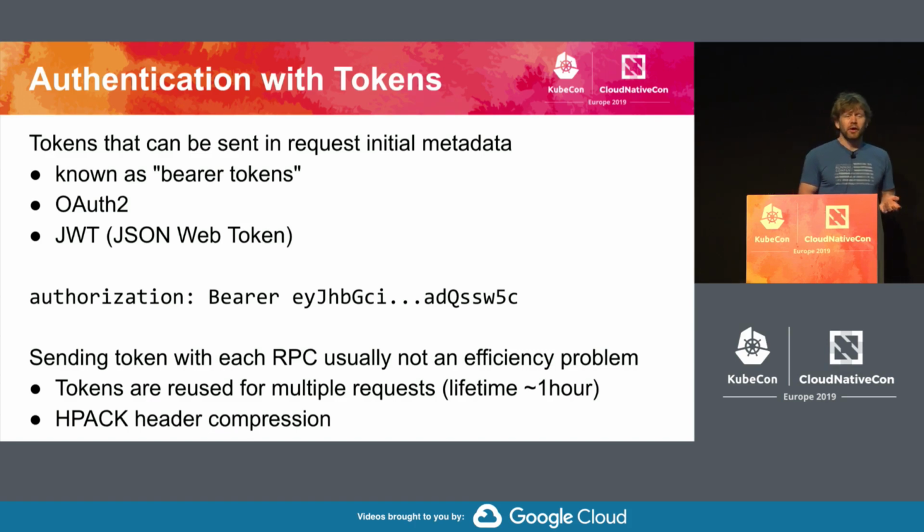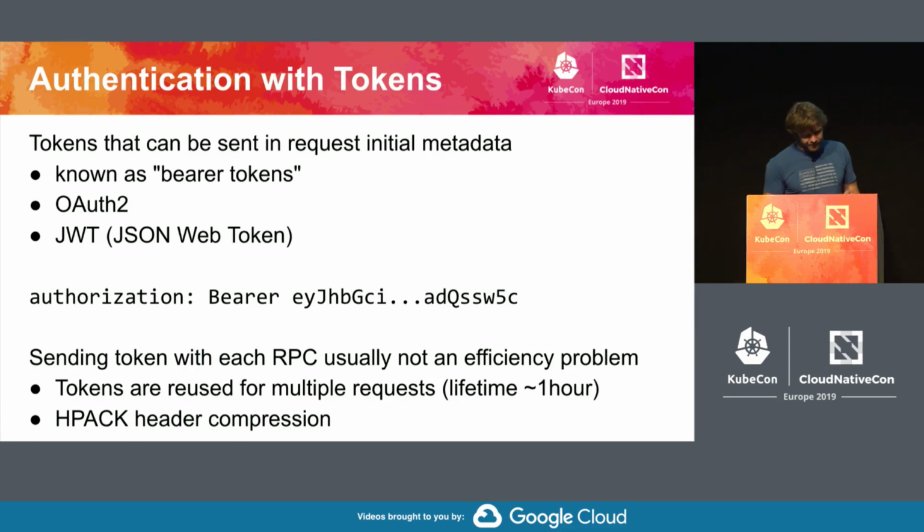Another interesting thing to note is that when I'm sending an authentication token along with my RPC call, I'm basically going to be sending the data over and over, and especially for JWT tokens that can be sizable. That's going to be a performance overhead.